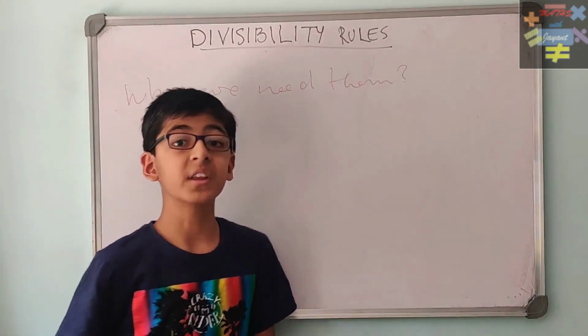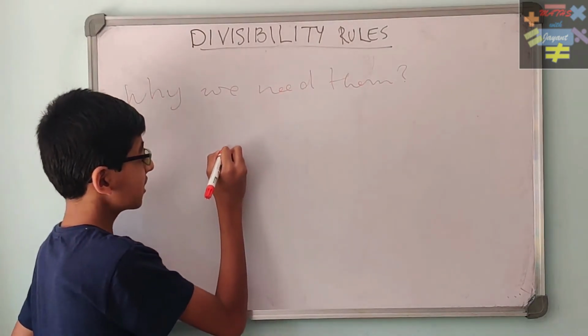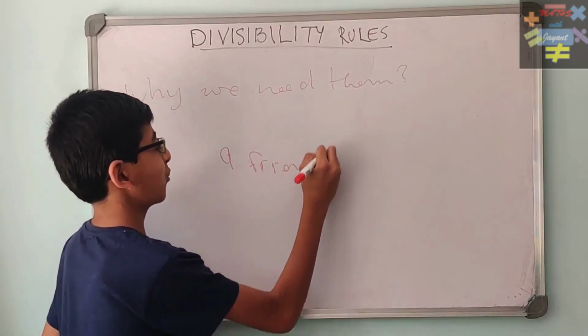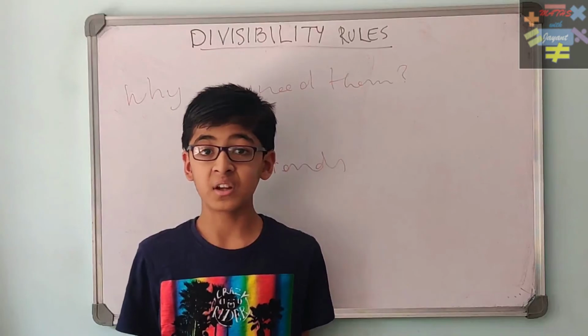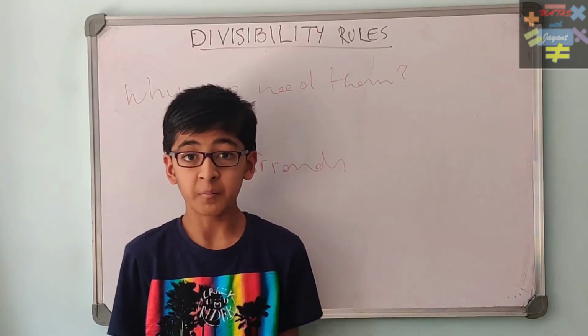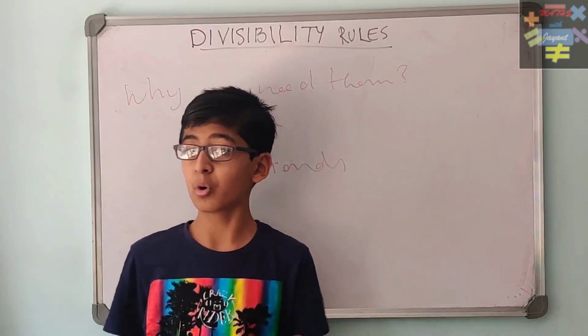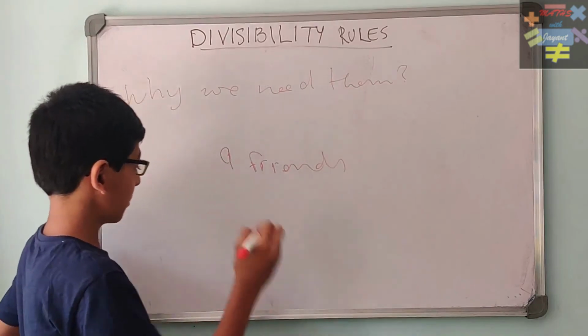Suppose it's your birthday, and you have 9 friends. You want to give each of them chocolates. Once we give to friends, you have to divide amongst them equally, and not give one more to someone, 1 less to someone, 2 more, 3 less, because that's not good. So we need to check the equal division.